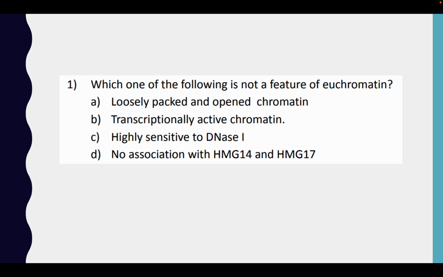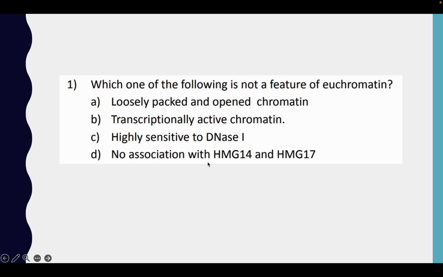Their role is mainly because of their ability to bind to euchromatin and regulate gene expression, as they can enhance transcription by facilitating the recruitment of transcription factors to the promoter region of a particular gene. So these chromosomal proteins are tightly linked to euchromatin.